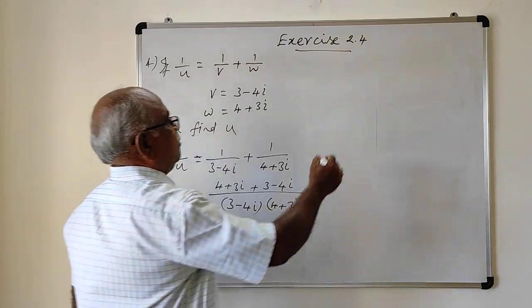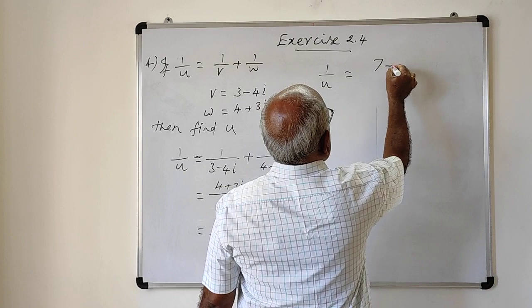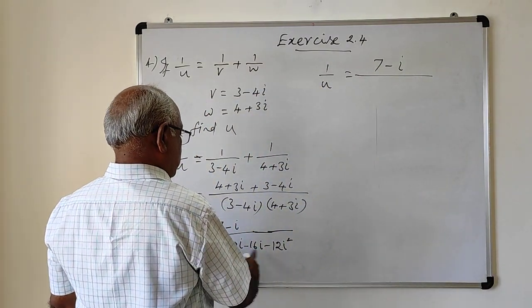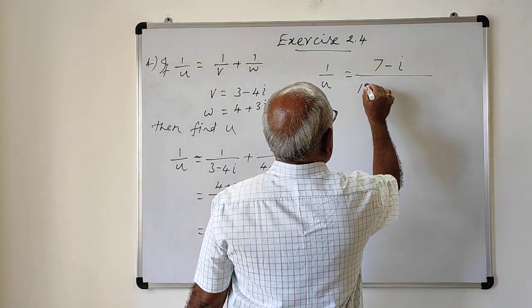So 1 by u equals numerator 7 minus i by 12. i square is minus 1, so minus 12 into minus 1 is plus 12, that is 12 plus 12.